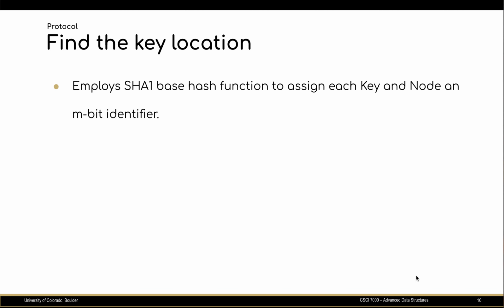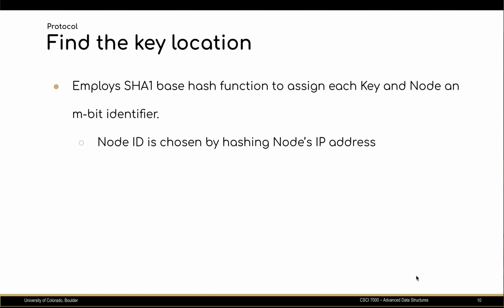Finding a key. In Chord, the authors have chosen SHA-1 as the base hash function. However, they mention users are free to use their own family of hash functions. Particularly, a universal hash function would provide more robust tolerance of adversary attacks.